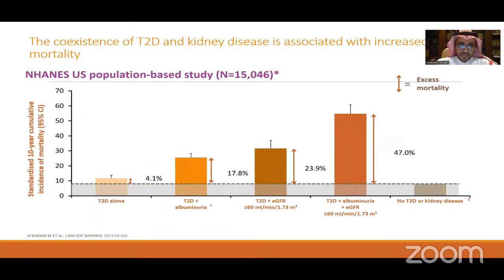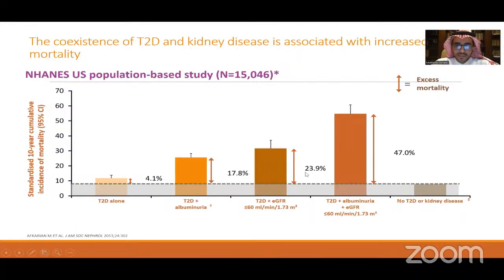Also, it has been well studied that the coexistence of type 2 diabetes and kidney disease is associated with increased mortality. In this very large US population-based study, it shows the incidence of mortality among those with type 2 diabetes, which increased by 4.1% in those with, which increased to 70.8% in those with albuminuria.